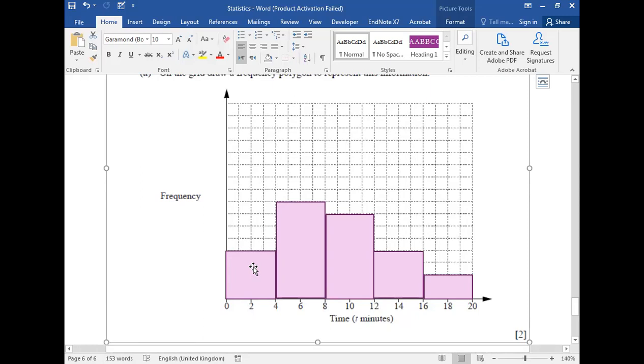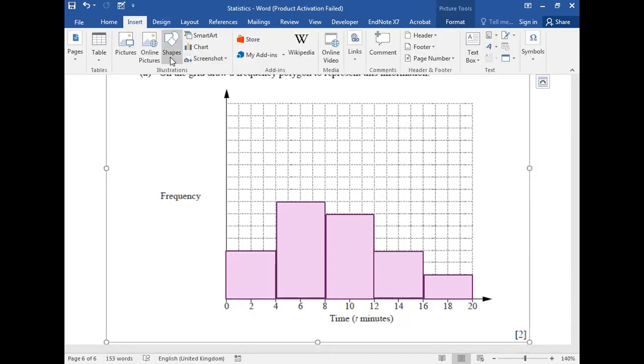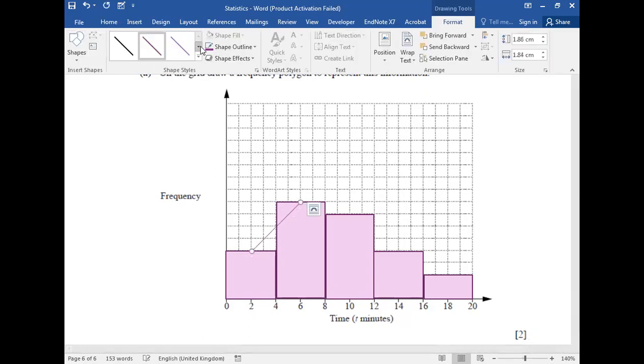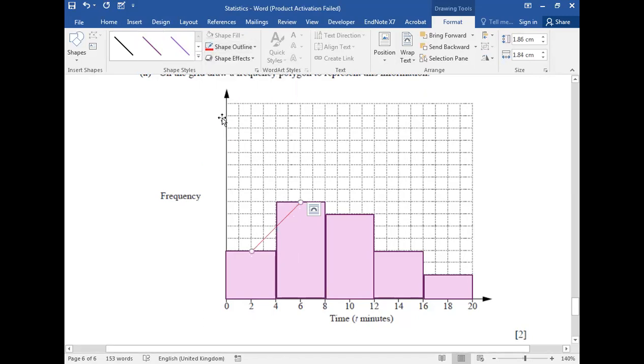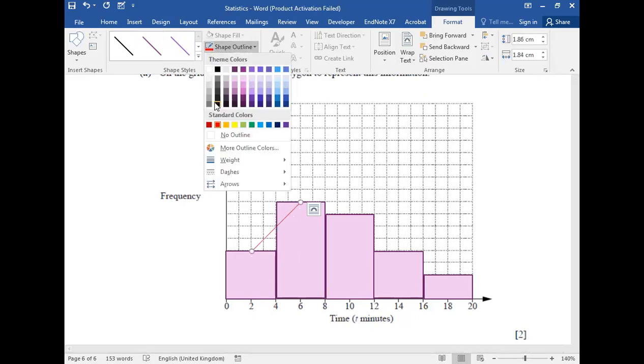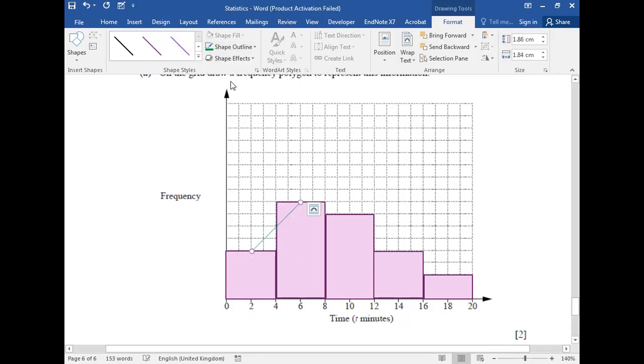Frequency polygon. What is frequency polygon? I'm taking it from a very basic frequency histogram. It is a polygon. It is a straight line figure that we need to make. अगर हम histograms बनाएं basically और histograms की midpoints को join करें, so the polygon that we will get is called, let's make it green ताकि visible हो.